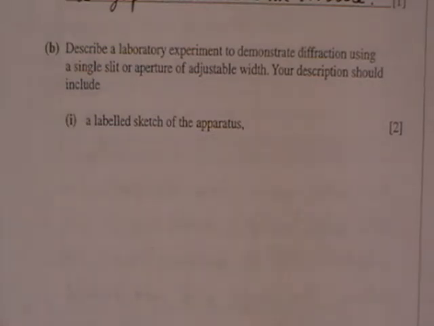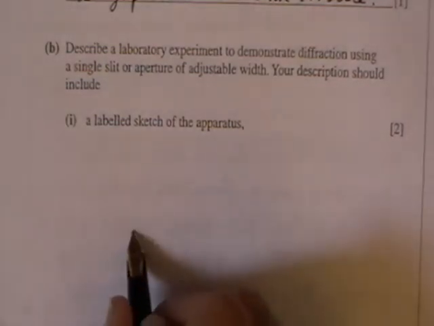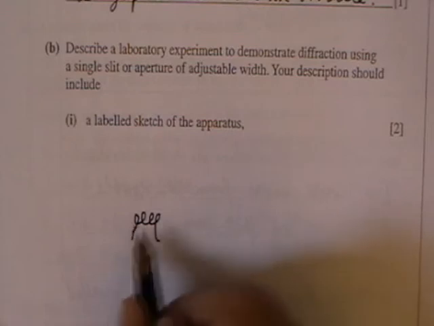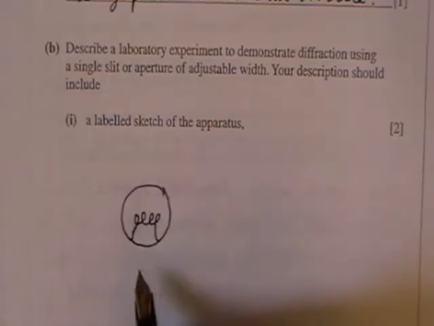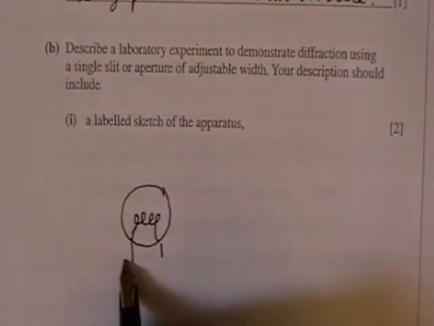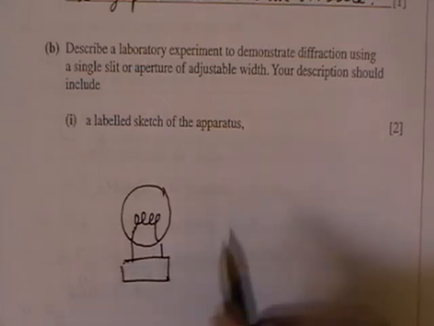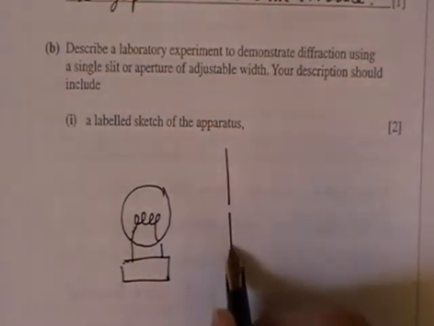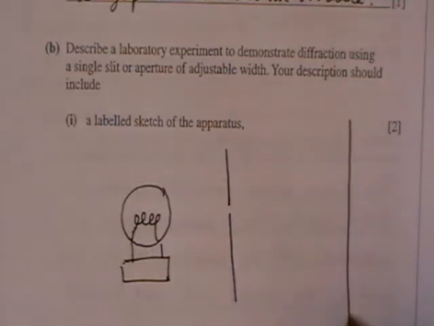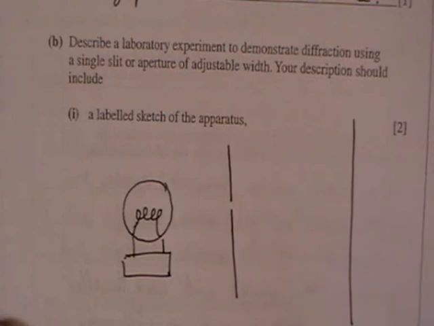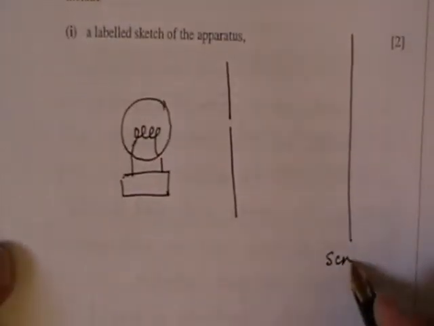If we consider the light source, we have a bulb, a single slit and a screen, and we'll just label those.